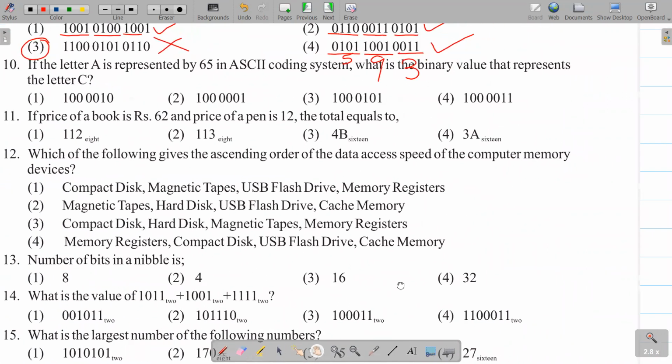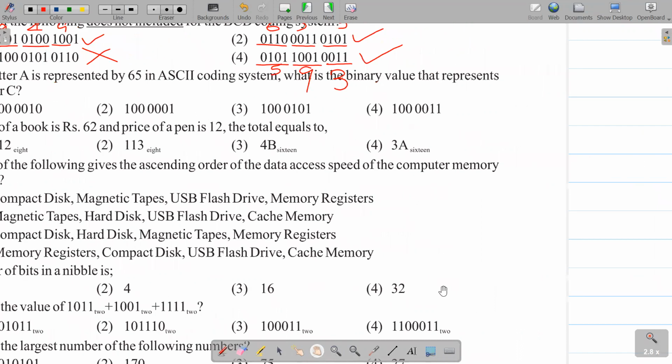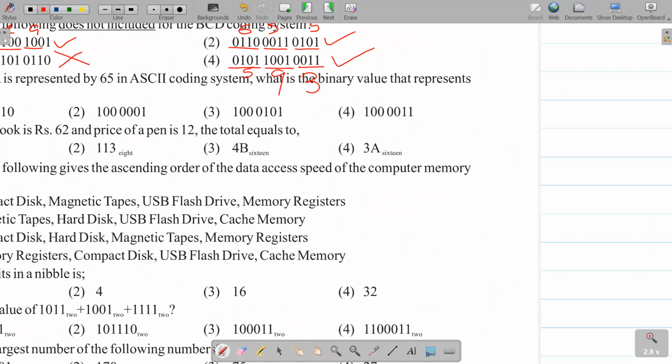All right, the 10th one says, if the letter A is represented by 65 in the ASCII coding system, what is the binary value that represents the letter C? Now, in the ASCII, the letter A is represented by 65.